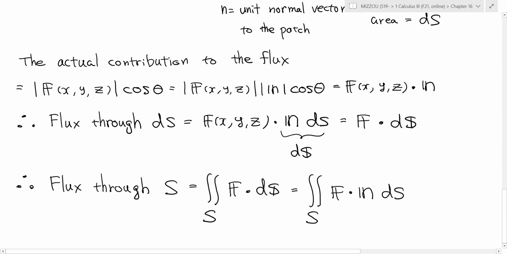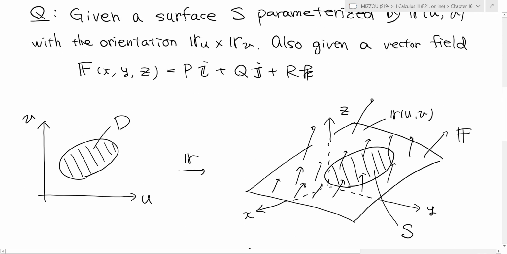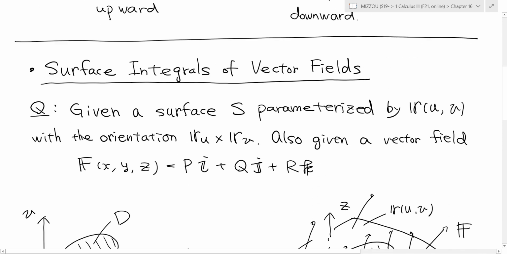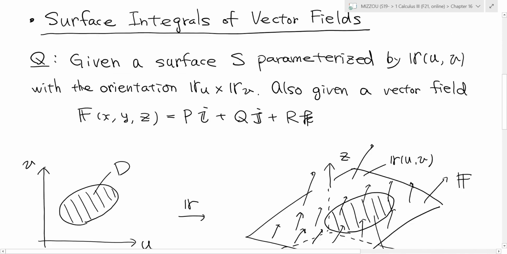But what's dS now? Even if you look at this, you can't really compute the actual flux. You want to express everything in terms of parameters u and v so that you can actually do the calculation.